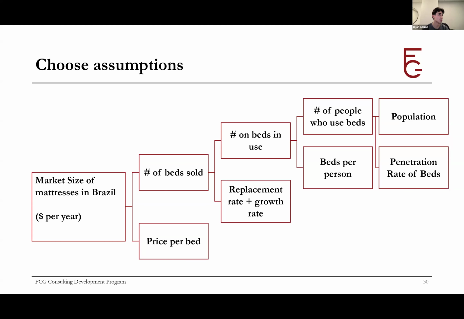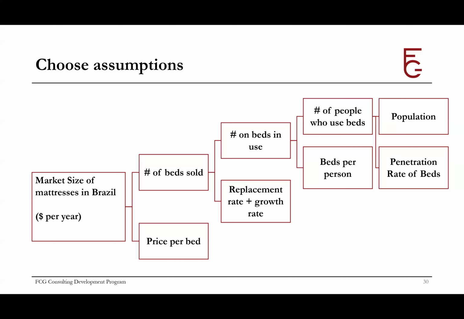Okay. Johnny, I want to hear how you're thinking about it. So how would you assign the penetration rate? Well, for the penetration rate, when I think about the overall market, you don't really see a person buy a bed really often. So I think of it as a really low number, almost single digit.